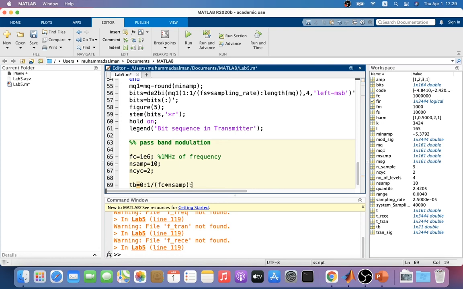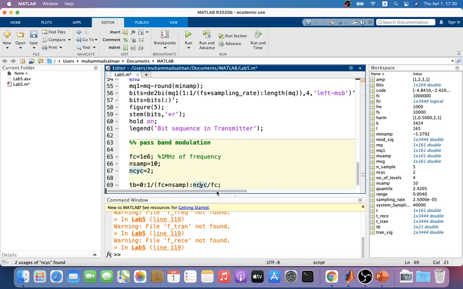And then I will say that I want to visualize 2 cycles. So I am saying that 2 cycles divided by FC. Can you guess what the bit interval is now? I'm starting from 0 and I'm going up to 2 divided by FC. It clearly says what my FC is: it is 1 megahertz. So the bit interval is 2 microseconds.